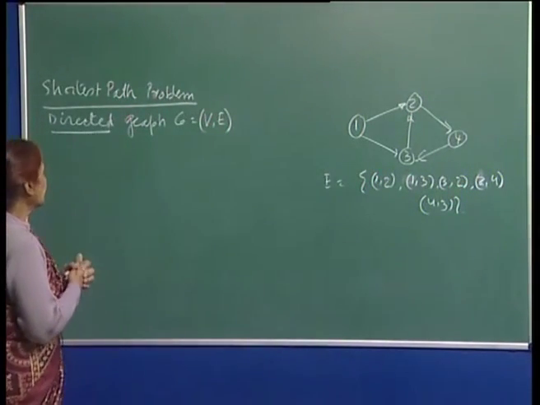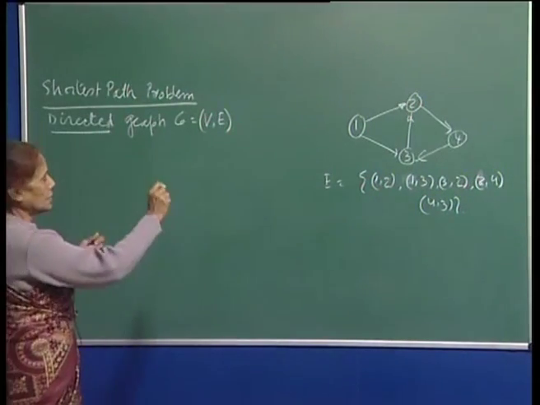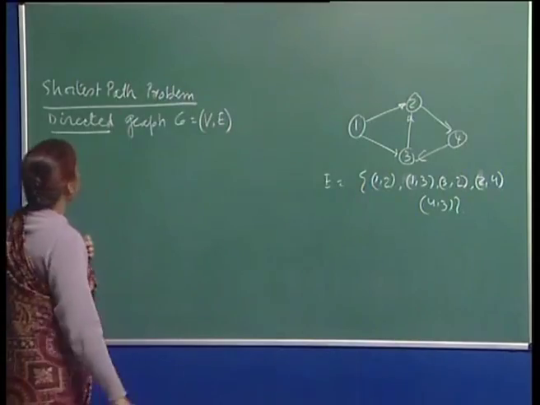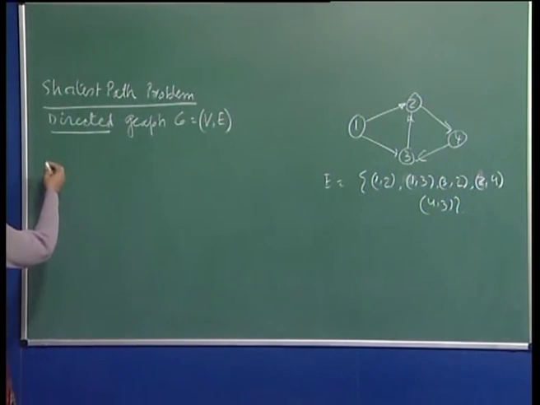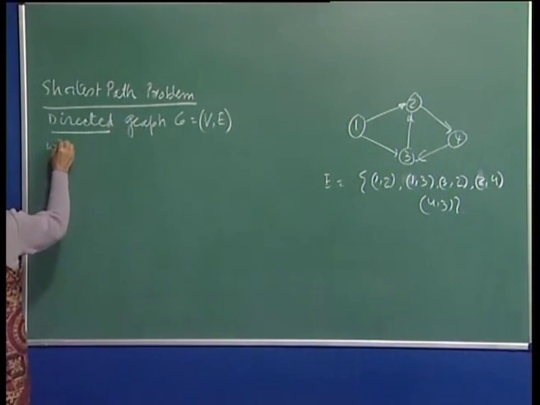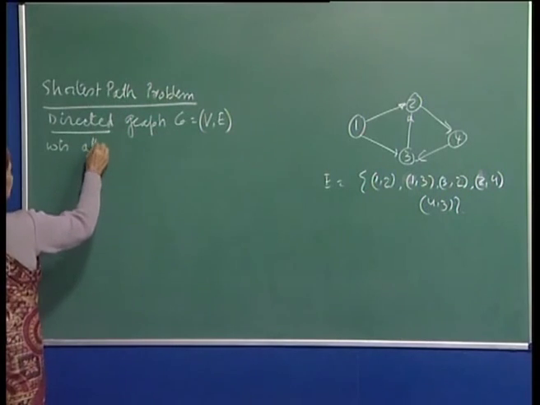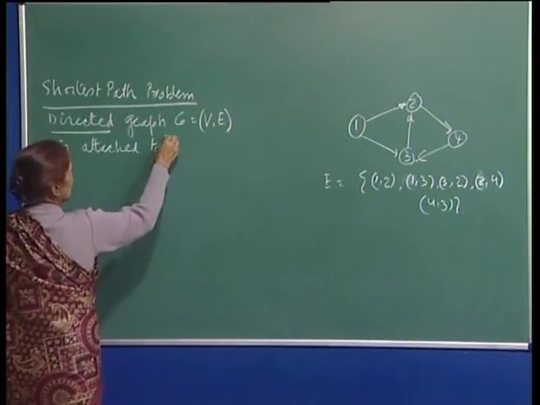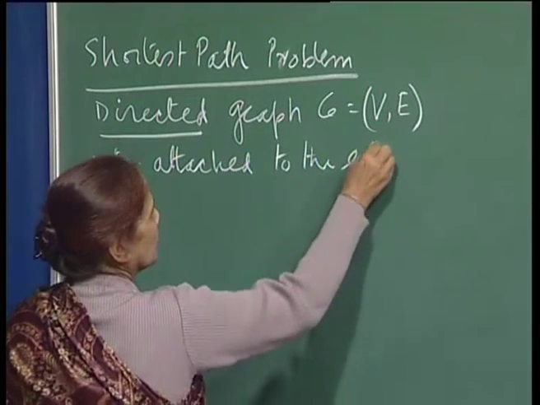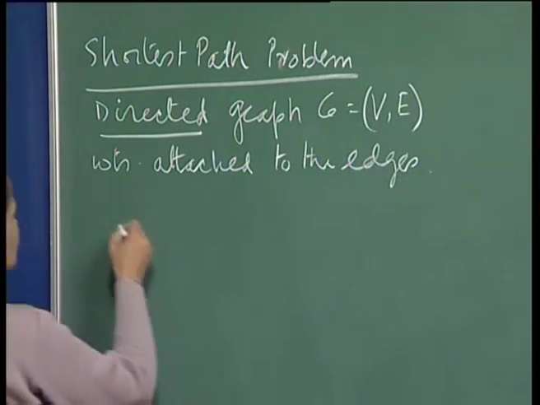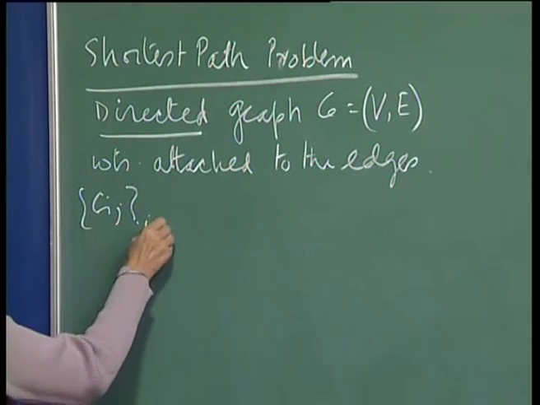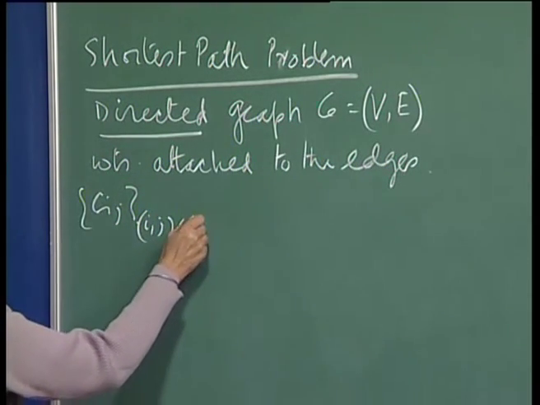So, this is a directed graph. That means there is a direction in which you can go from 1 to 2 and so on. And then you have weights attached to the edges. That means you have weight Cij, ij belonging to E.